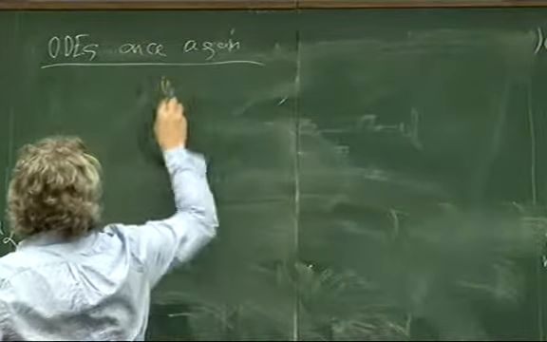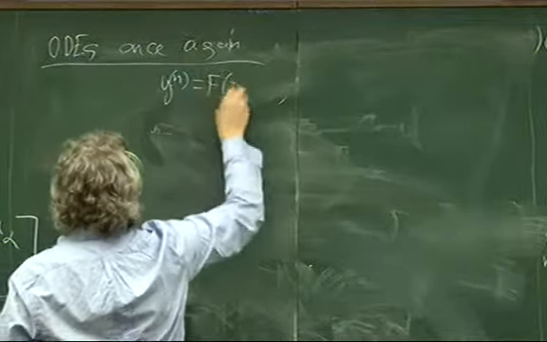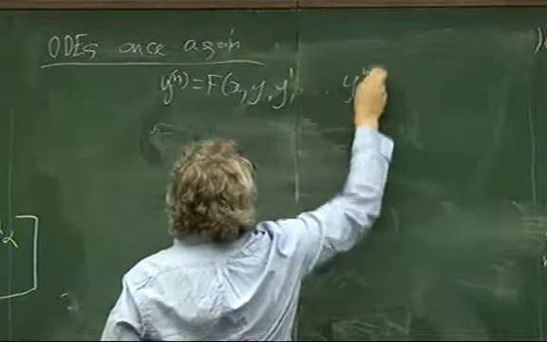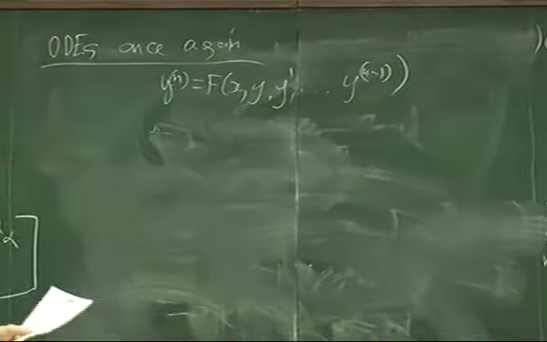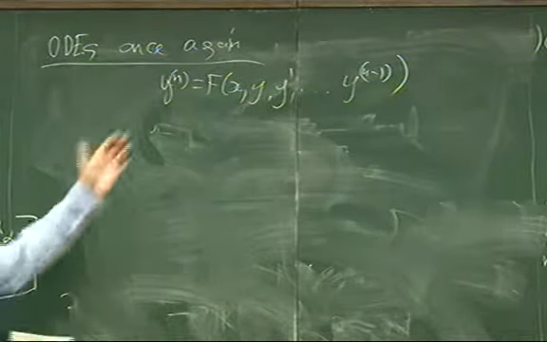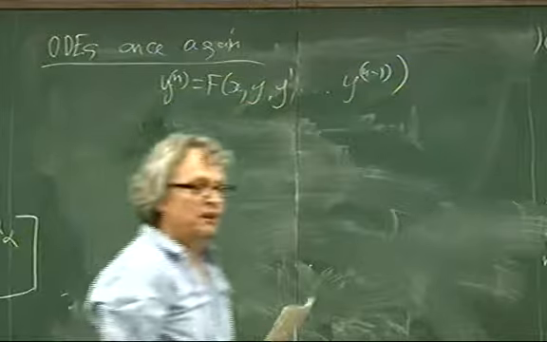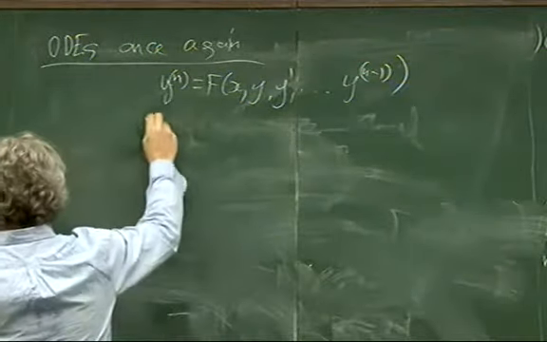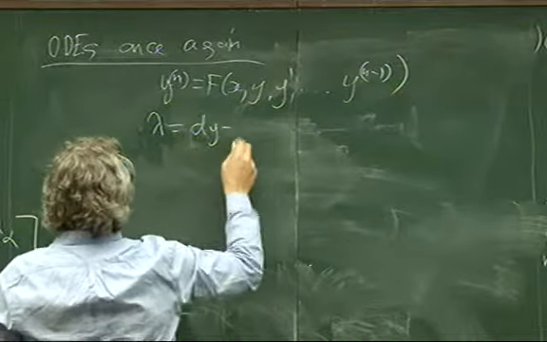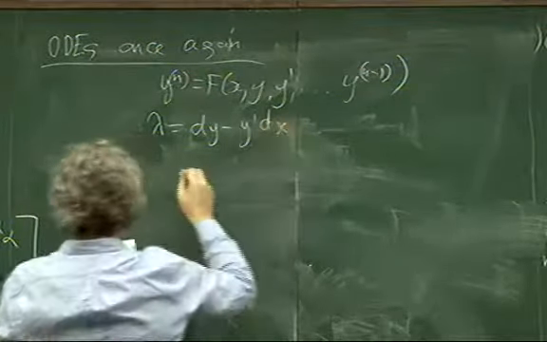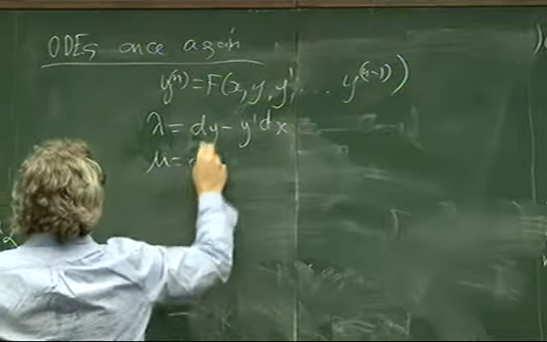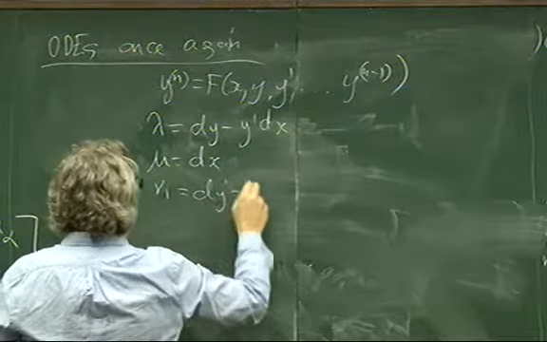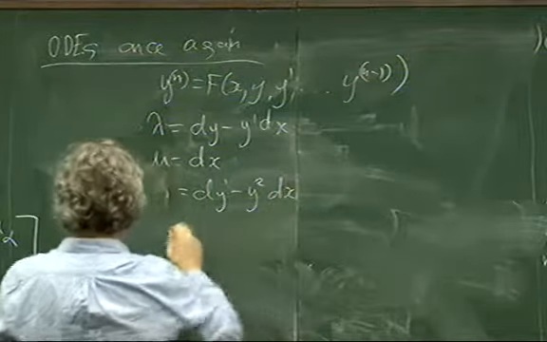So now I start with my ODE like this. And I now define a para-CR structure on the jet space by means of the contact forms. So I will just define my lambda, given such an equation. I define my lambda as dy minus y1 dx. I define my mu as dx. I define my nu1 by dy1 minus y2 dx.